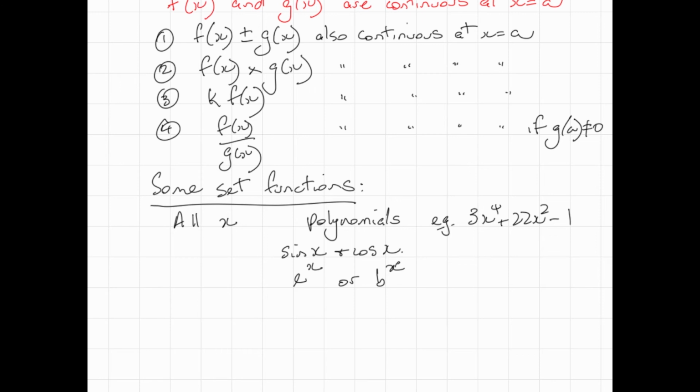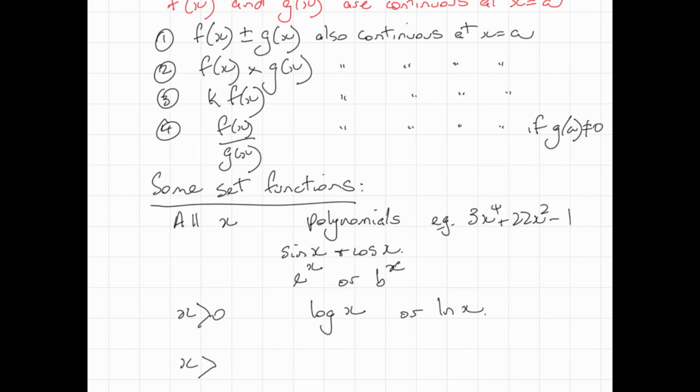For x greater than 0, your log functions, log to base 10 of x, or ln x, are continuous, bearing in mind you don't have the log of negative numbers, so x has got to be greater than 0.